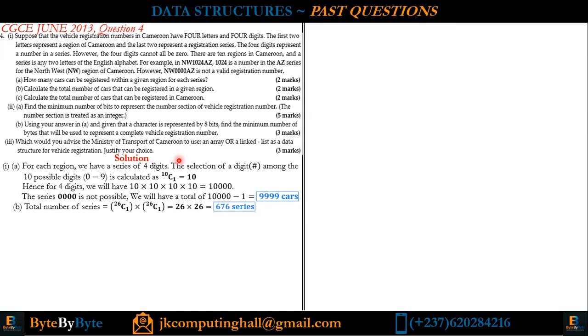The C part says, calculate the total number of cars that can be registered in Cameroon. So now, per region per series, I can have this number of cars. Per region, I can have this number of series. It means that for a particular region, I can have this times this possible number of cars. So for Cameroon in general, I will have this times 10. In any region, we can register 676 times 9,999, which gives us 6,759,324 cars.